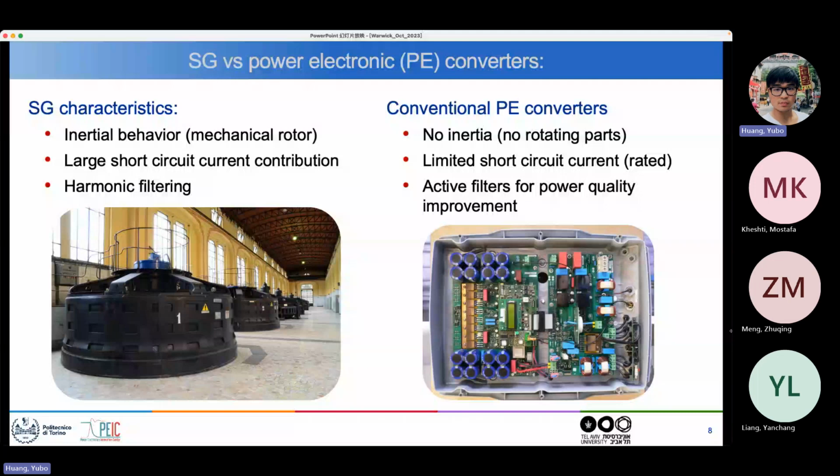It could overcurrent in a synchronous generator. In an electronic converter, that's not the case. You can allow 20% overcurrent, 30% overcurrent, something like that.